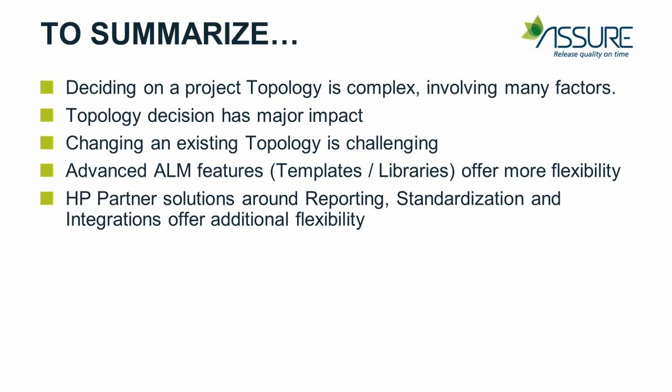Some of the ALM advanced features, such as template projects and libraries for asset sharing, definitely offer more flexibility. So spend some time to learn these, to see how they work, and what is the most value you can get from there. And you can look for partner solutions also around these areas that could definitely help you.